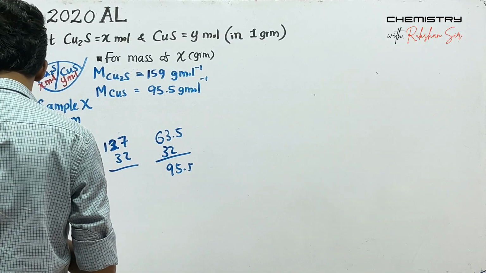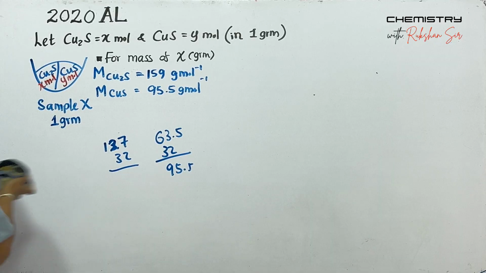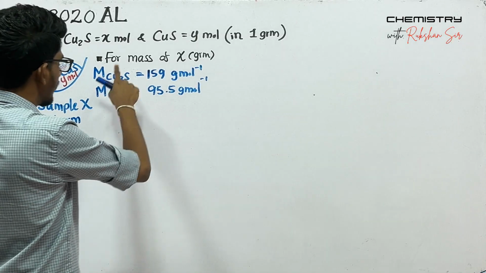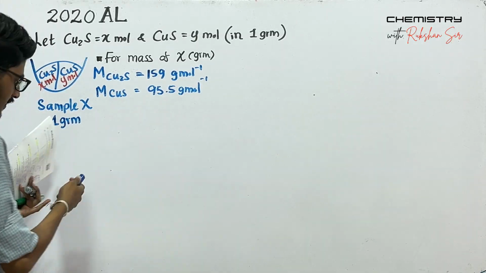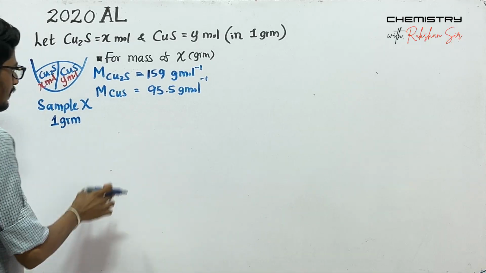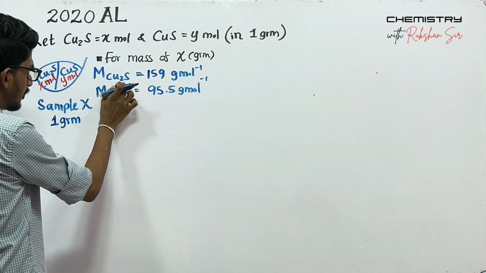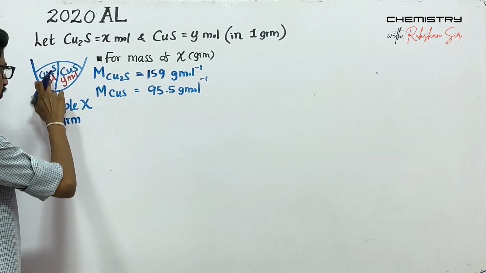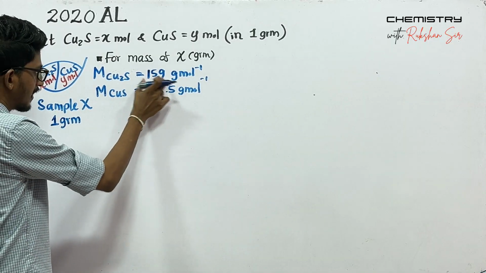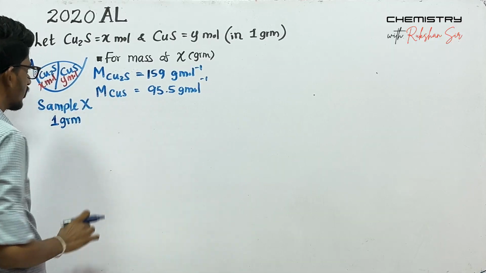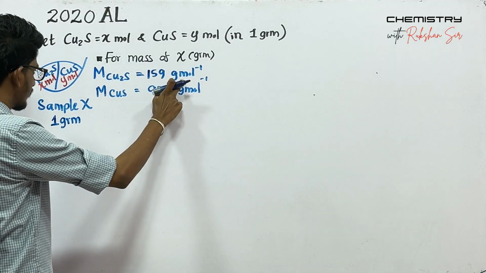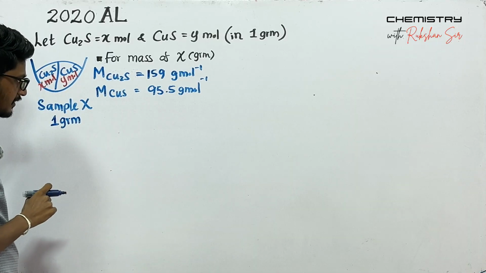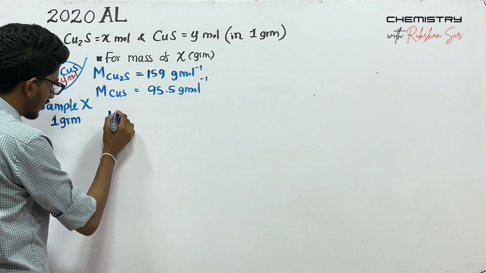So we can come up with the first simultaneous equation for the mass of the sample. It is the mass of the Cu2S plus the mass of the CuS. You have X moles of Cu2S and 159 is its g mol^-1 value, so its mass is 159 g mol^-1 into X moles, that is 159X in grams.